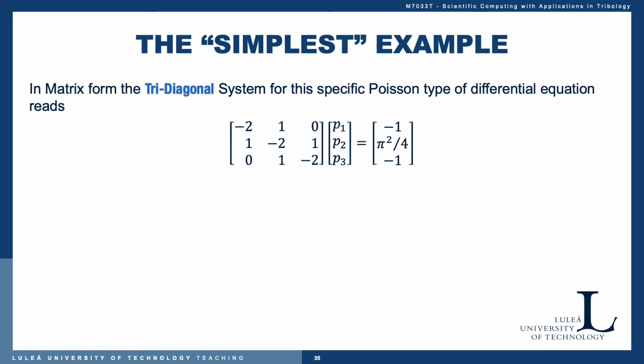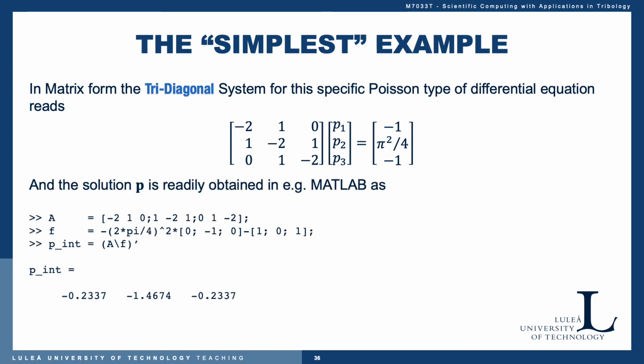1. In matrix form, the system for this specific problem just becomes a 3 by 3 matrix for the internal function values p1, p2, and p3, and we have the right hand side vector over here. The solution is readily obtained in, for example, MATLAB, just by entering the matrix as we see here, the right hand side vector as we see here, and obtaining the pressure solution P at the internal nodes.